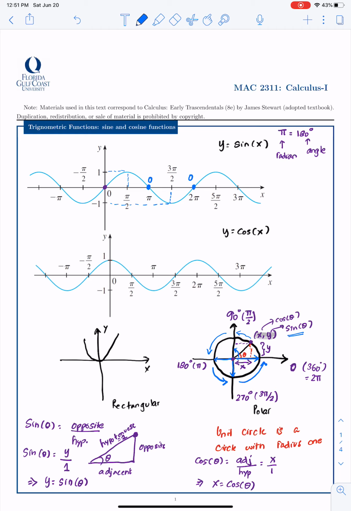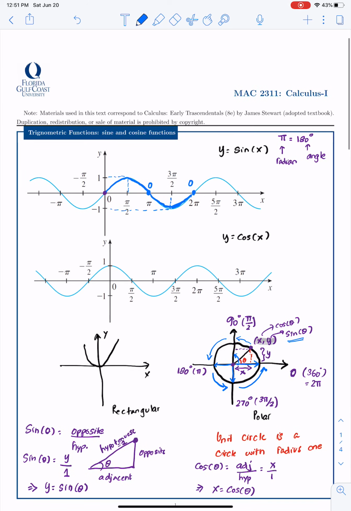So when I complete one full revolution in the polar system, I actually trace that part of a sine wave. So you can see the period of a sine wave is 2 pi.